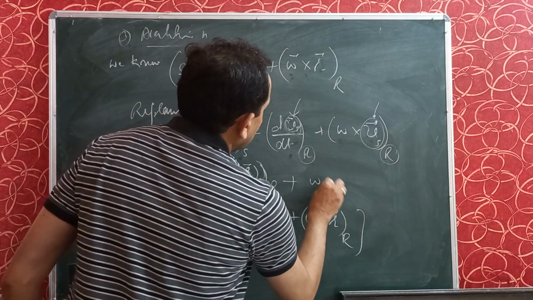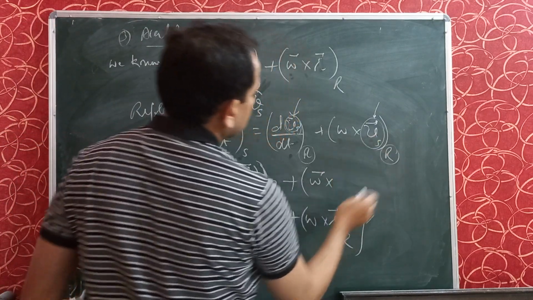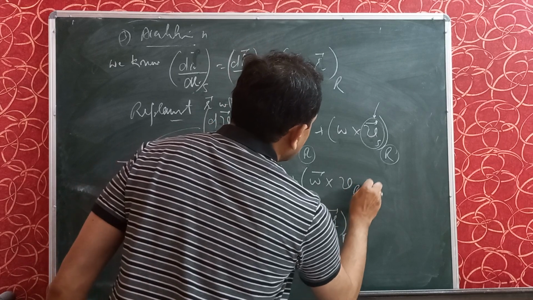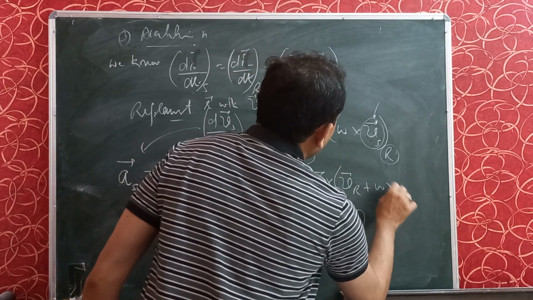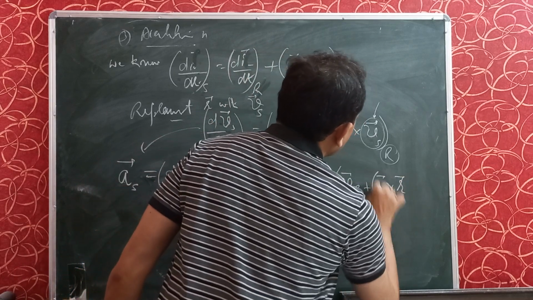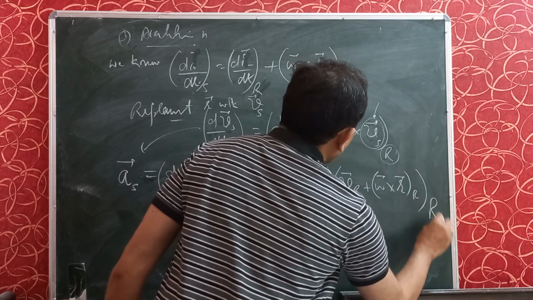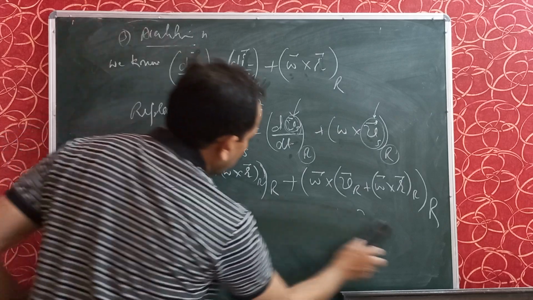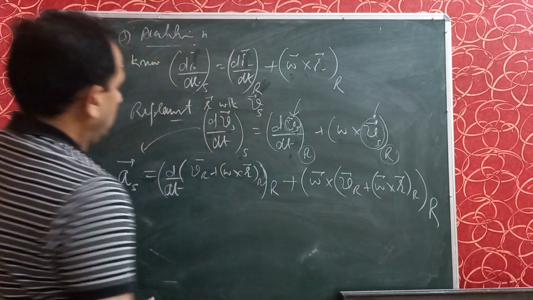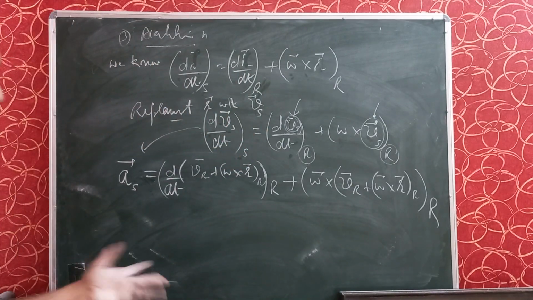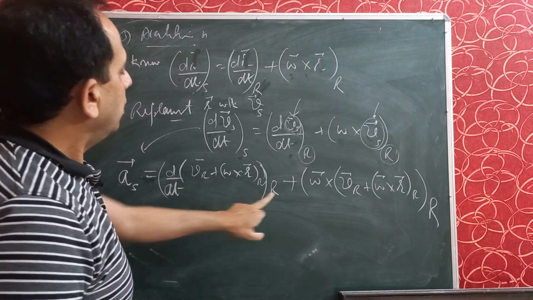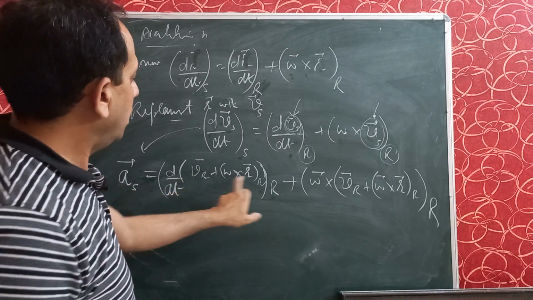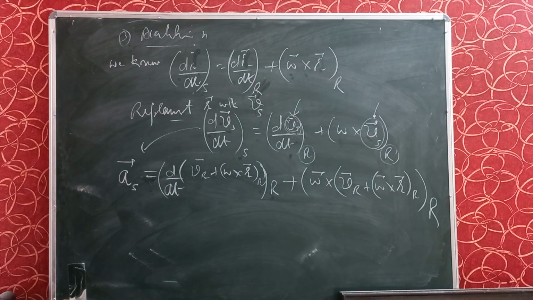Similarly, omega cross Vs means Vr plus omega cross r in the R frame, and overall it is also R. By putting these values we get the same compatibility: inside it is Vr, outside it is also R. These are compatible.